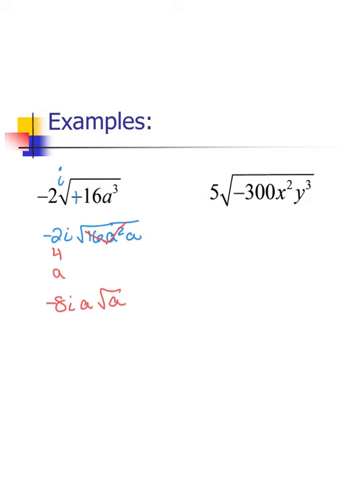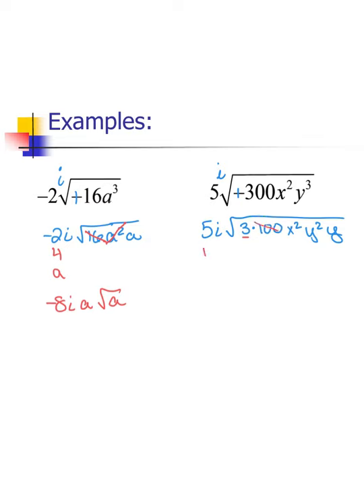If I look at number 7, make the negative a positive and put an i out front. So I have 5i. Then for 300, I'm going to do 3 times 100. x squared, because that's even, that's good. y to the third, I'm going to rewrite as y squared y. I cannot square root 3.